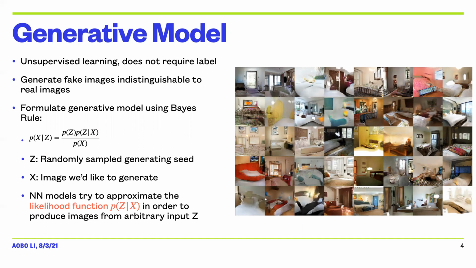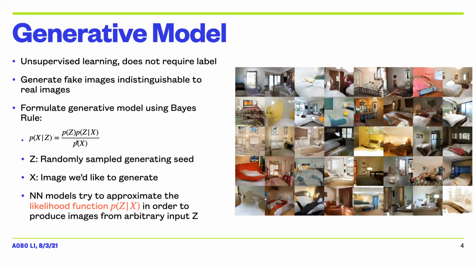So how does this generative model work? We can formulate it using Bayes' rule, where the posterior equals the prior times the likelihood function divided by the Bayes evidence. Basically, in a generative model, you have Z, which you can consider as a randomly sampled generating seed. This Z follows some kind of prior distribution P(Z).